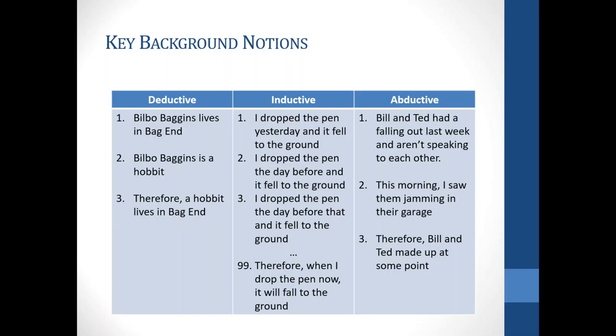Conclusion, they must have made up at some point. So in abductive arguments, the conclusion is an explanation for the truth of the premises. It says how it's possible that the premises are jointly true. Abductive arguments are also called inferences to the best explanation.